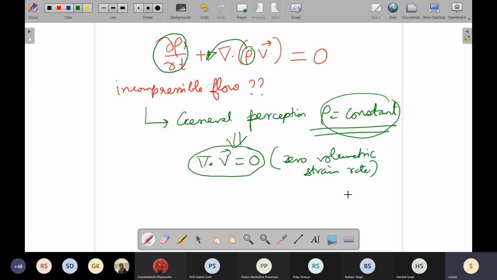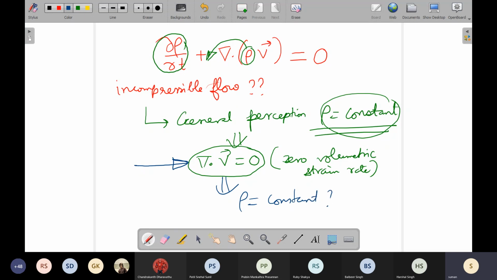However, we now will look into it in a bit of a convoluted way. The fundamental hallmark of incompressible flow from the kinematic considerations was this one. Now, does it ensure that rho has to be a constant?